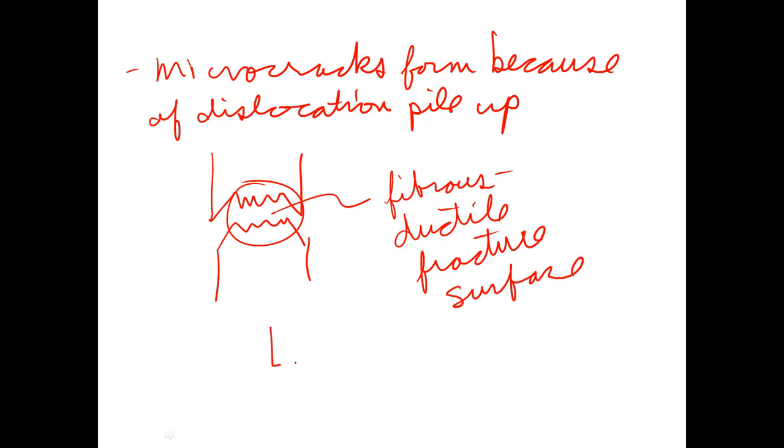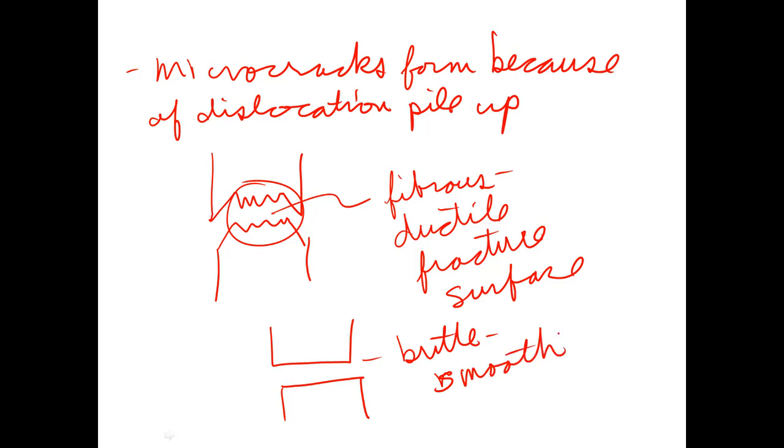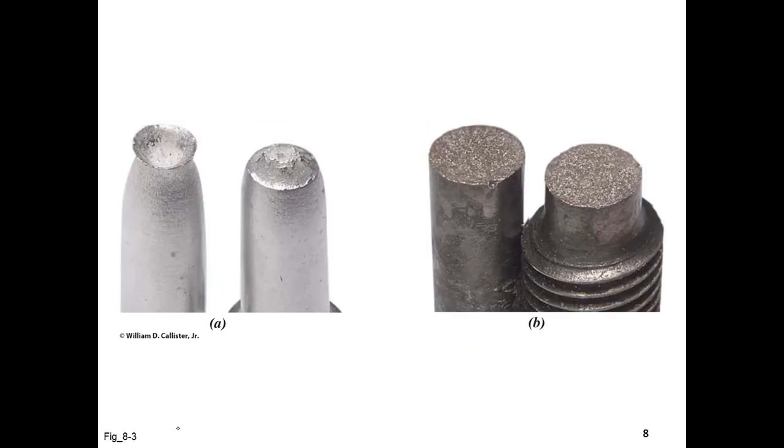Where the brittle case is very smooth and non-fibrous surface, because you don't have those dislocation mechanisms acting like you do in the ductile case. So here's two samples showing these surfaces.